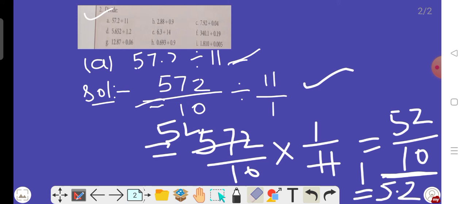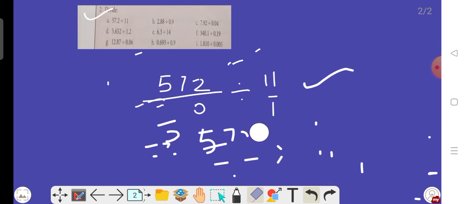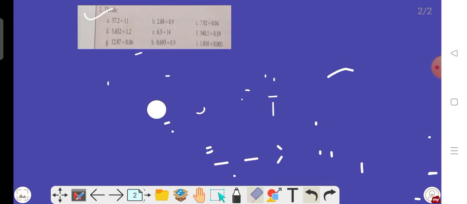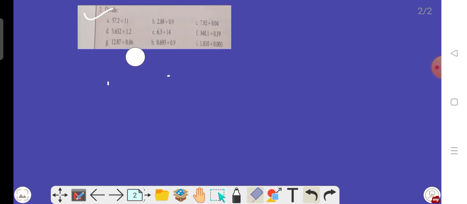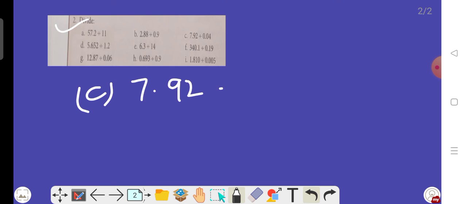Now we will take one more example of this question. In the C part beta, we have been given 7.92 divided by 0.04.